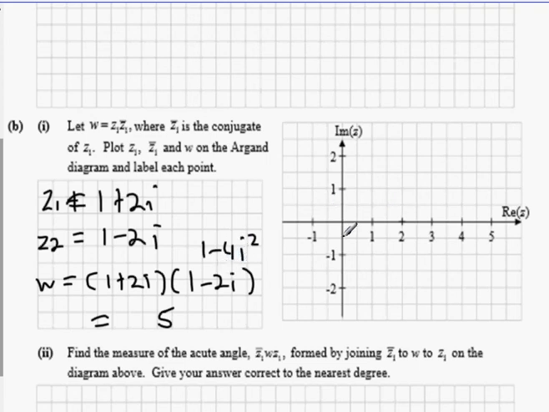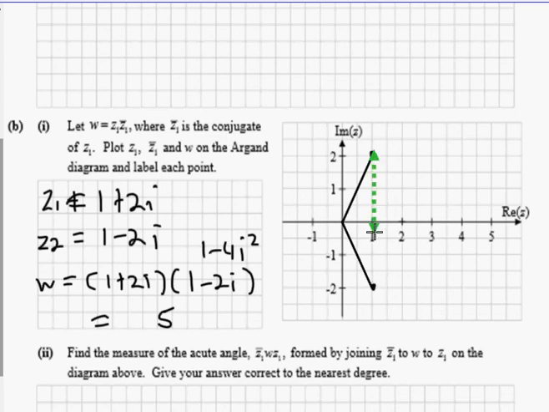Now, plot Z1. Z1 is 1 across, 2 up. There is your complex number Z1. The other one is 1 minus 2i, which is down here. What is the conjugate compared to the first one? It's a mirror image in the x-axis. Do you see that?